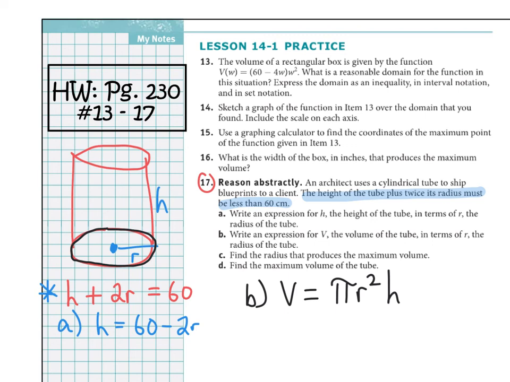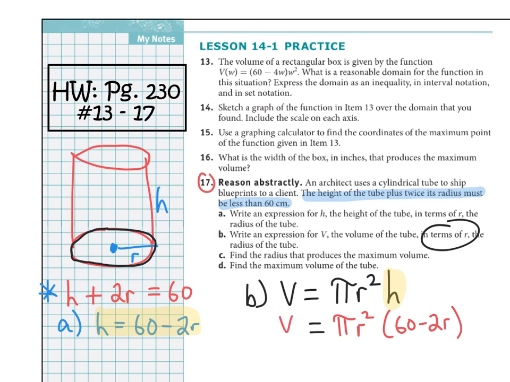The trick is we need to write an expression in terms of r only. So I can't have two variables in here, the r and that h. So I'm going to use my answer from part A. I know that h equals 60 minus 2r. So I'm going to rewrite this as pi r squared, and instead of h, I'm going to write 60 minus 2r. And that's going to be the volume.